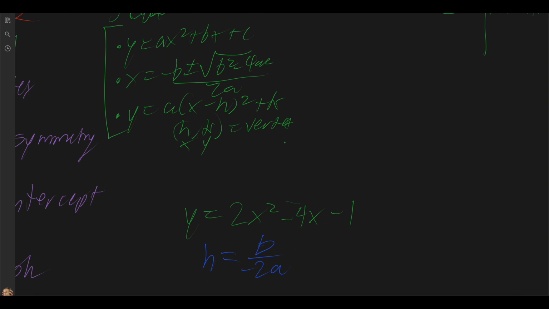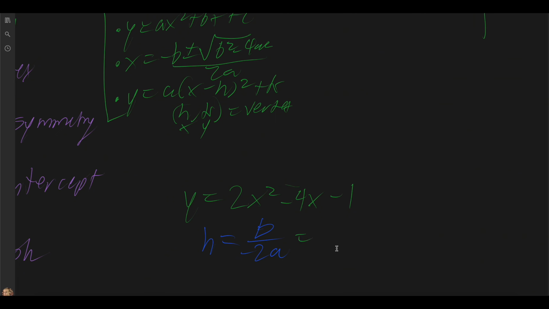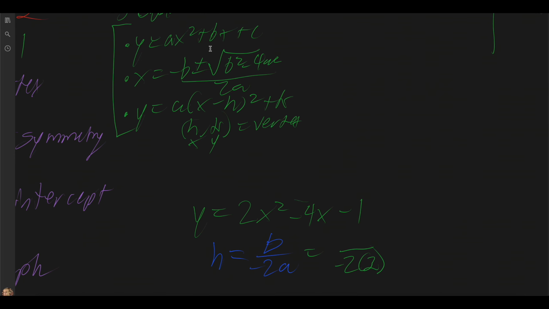We already know that a is 2, so we can write down 2 over here, and then b will be denoted as negative 4 because of the minus sign right here. And so we have negative 4 over negative 4, which is then put back to 1.